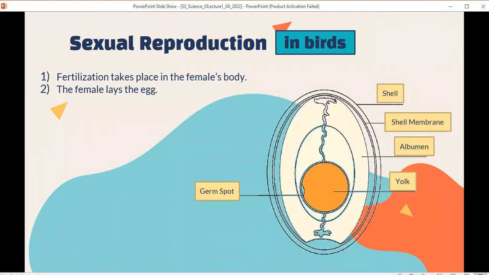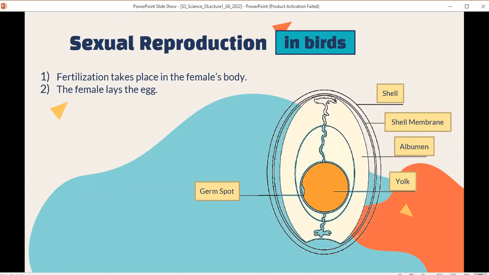So we're talking here about a chicken. The yolk, which is the yellow part, is the source of food, and this part is protected by the albumin. The albumin provides the embryo with water and proteins.